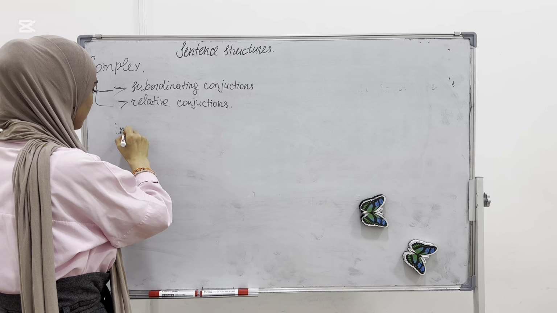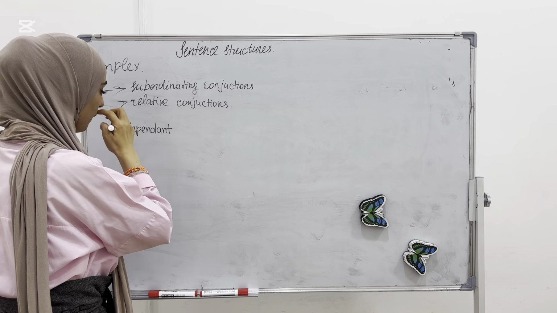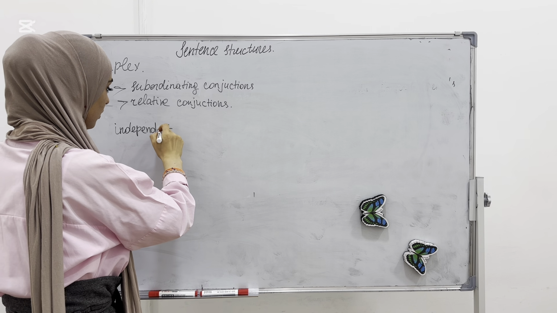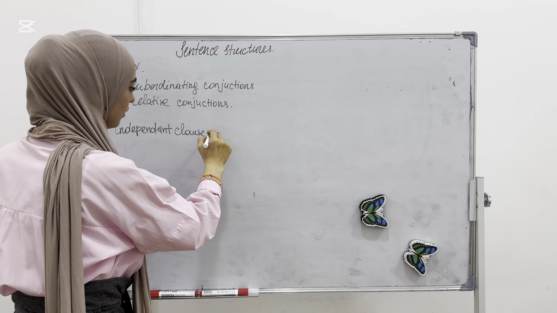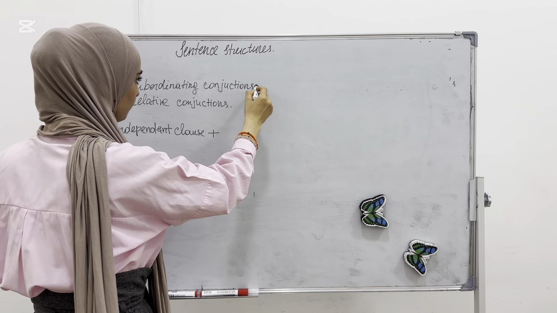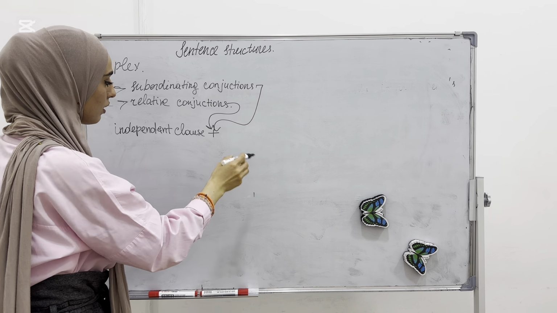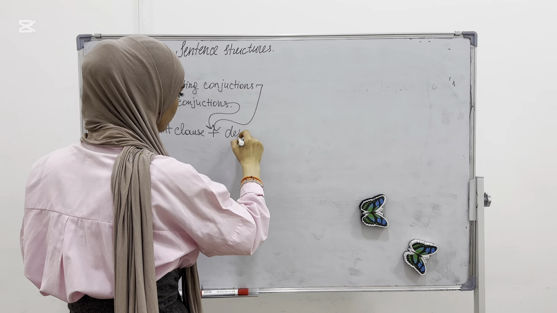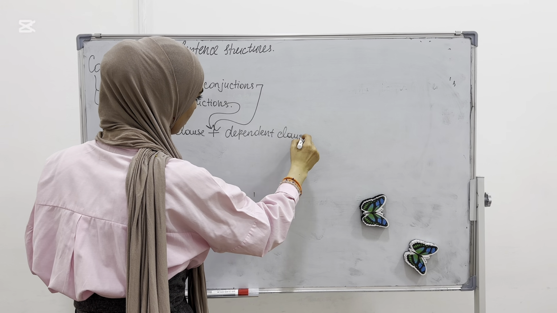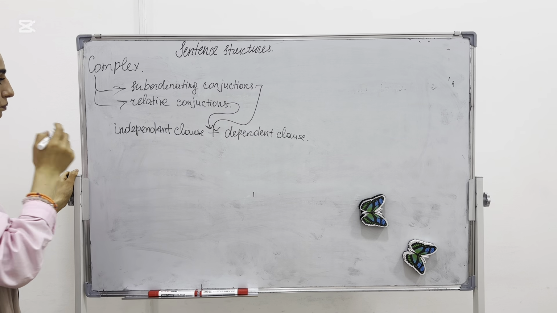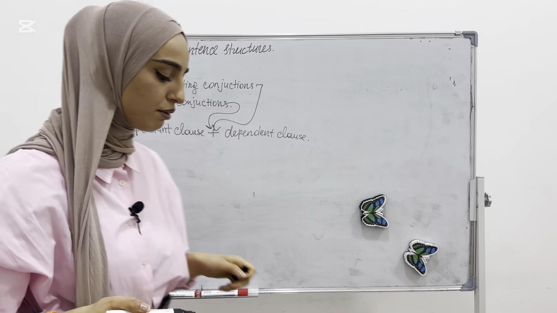One of them is an independent clause, and then a dependent clause.